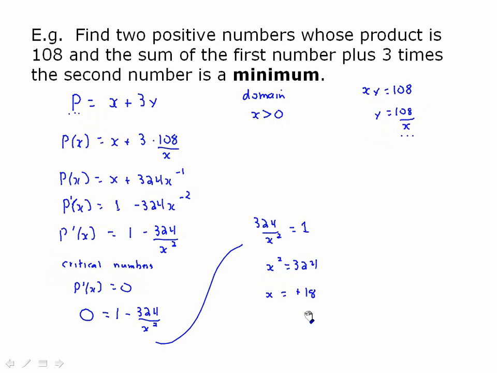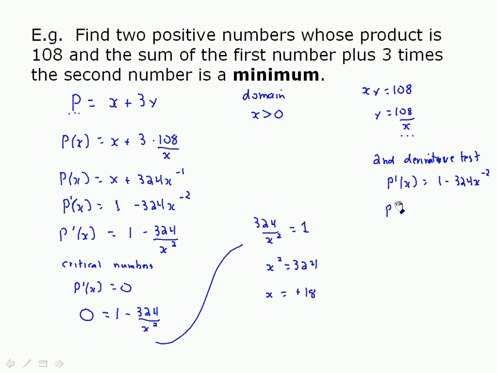And then we can find y in a second, but let's do the second derivative test to ensure that this is going to be a minimum. So p prime at x is equal to 1 minus 324 x to the negative 2.